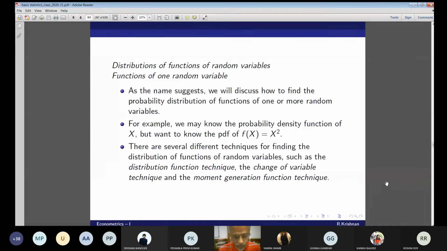If the error is normally distributed, beta hat also is normally distributed with mean beta and variance sigma squared (X'X) inverse. Many times, elasticities will be calculated from the estimated betas. That means to say, what will be the distribution of these elasticities?